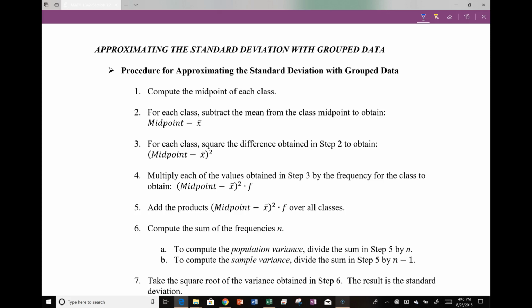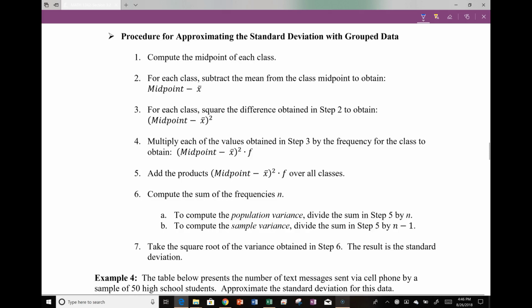Then, just like our regular data, we're going to take the midpoint minus the mean. We're going to square that value. Here, though, I need to multiply it by its frequency, because I don't have just one value, so I'm not going to add up a single value squared.